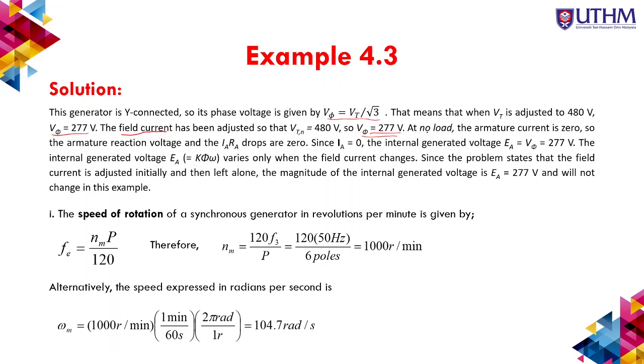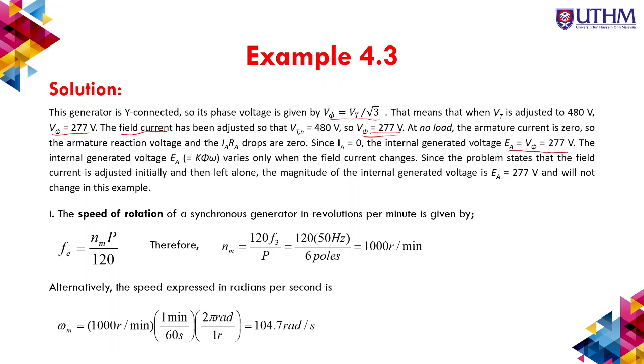At no load the armature current is 0, as I said before. IA is 0, so the armature reaction voltage drops are 0. Since IA is 0, EA equals the V phase.